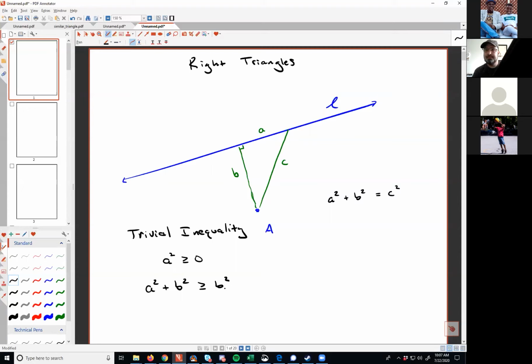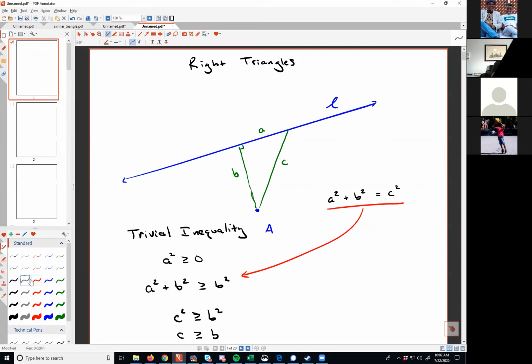Could we then say that a squared plus b squared equals c squared? Yes. Sorry. We can make a substitution. A squared plus b squared is c squared, so now we know that c squared is at least as large as b squared. And this tells us that c is at least as large as b.